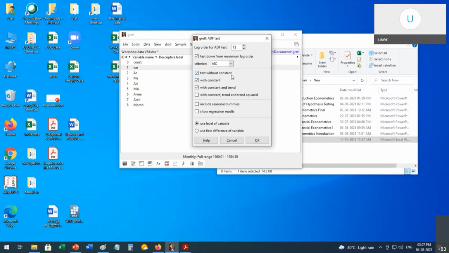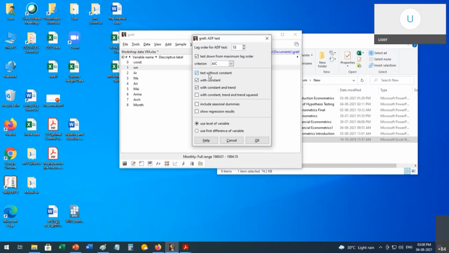But usually the puritan statisticians say that all these three cases we have to do, and it is better that we get the same result for all the three. We have already seen the time series plot of the white noise, and there is no trend at all.